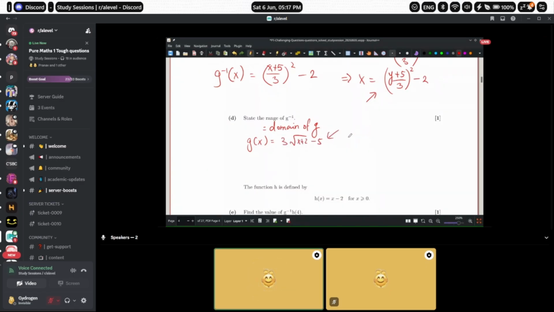For this function to be valid, whatever's inside this square root has to be not negative, because the square root of a negative number, we don't know what it is. So x plus 2 has to be greater than or equal to 0, meaning x is greater than or equal to negative 2. And then turn this into the range of this function. So this is the answer.